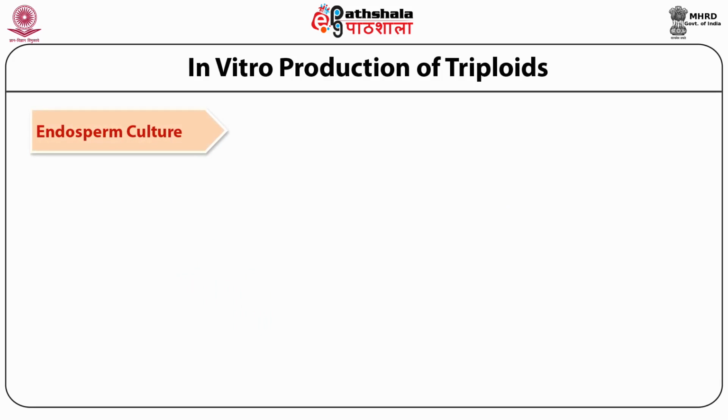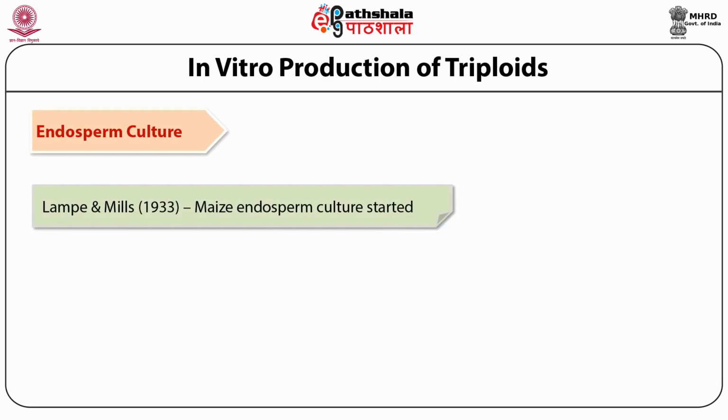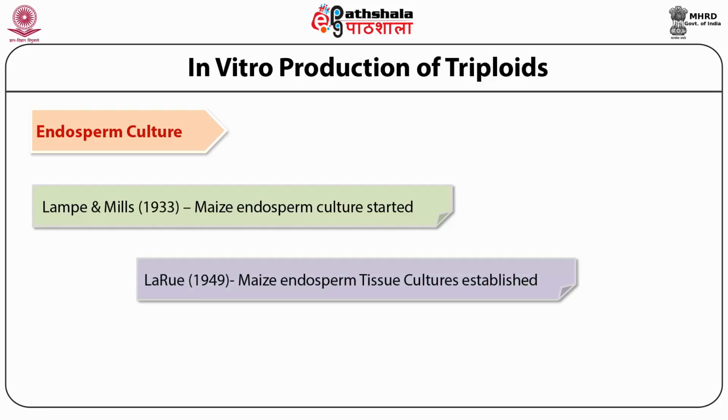Now, as early as 1933, Lampe and Mills made an effort to culture the endosperm, but it was to the credit of Leroux in 1949 to establish a continuously growing tissue culture of maize endosperm.